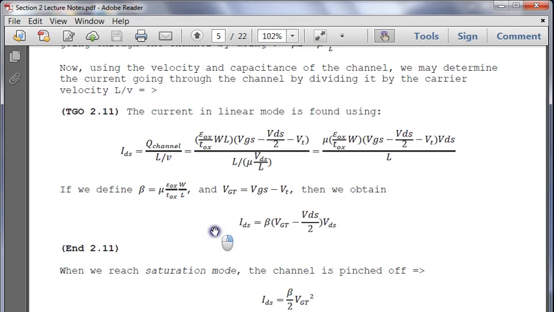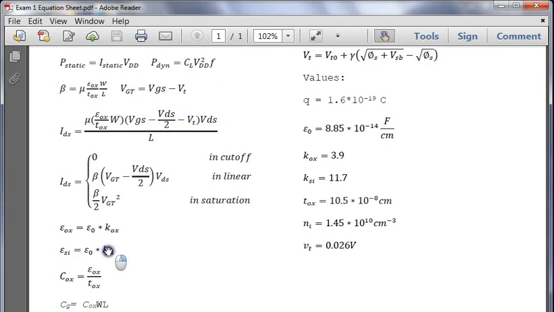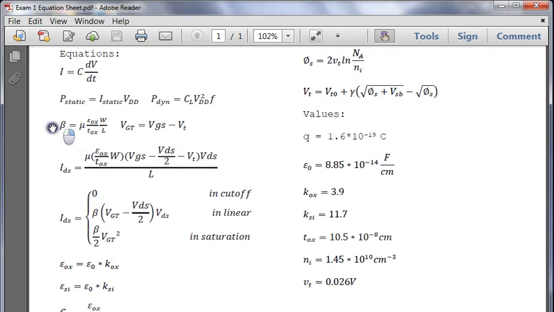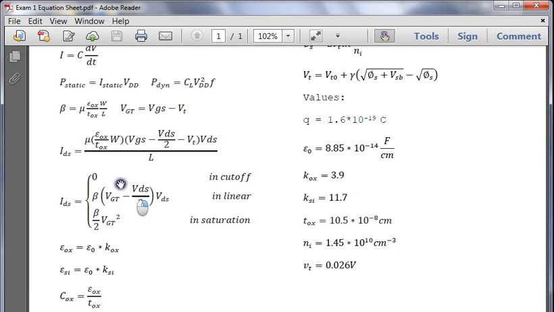I want to make sure I've already included beta and VGT. And then cutoff, ideally the current is 0. So this equation here is going to be the next thing you guys see.